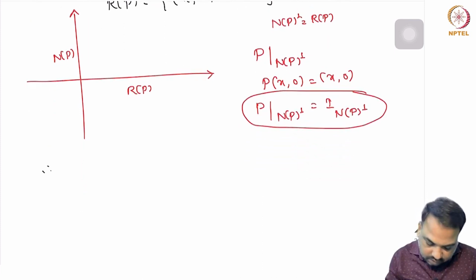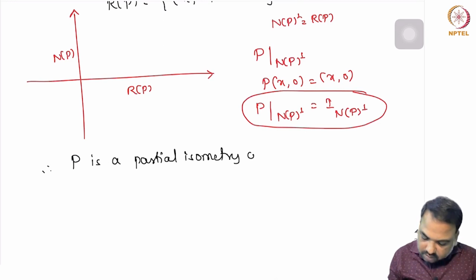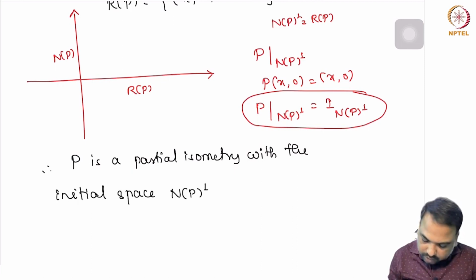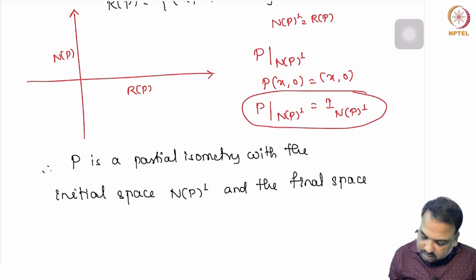So therefore P is a partial isometry with the initial space the null space of P perp and the final space, that is the range of P, again equal to the null space of P perp.